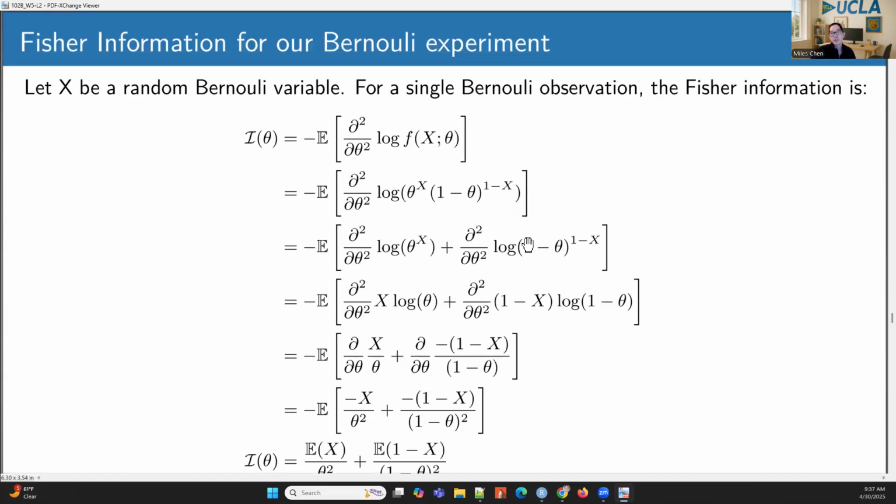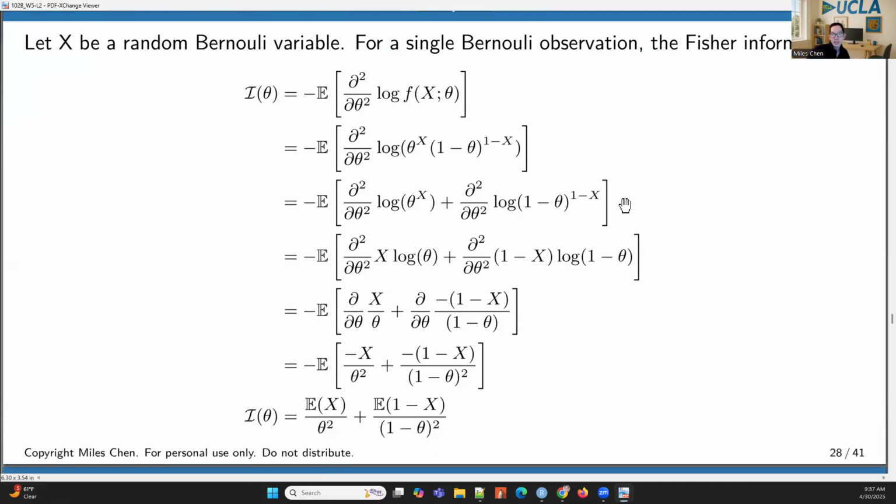Okay, so if we look at a single Bernoulli observation, this is going to be our Fisher information: the negative expected value of the second derivative of the log likelihood. For a single Bernoulli observation, our probability mass function is theta to the x, 1 minus theta to the 1 minus x.